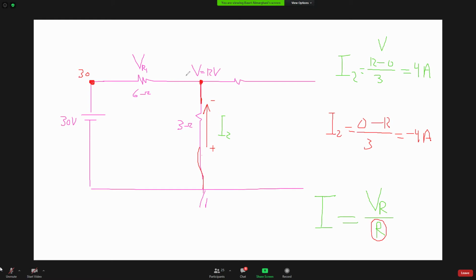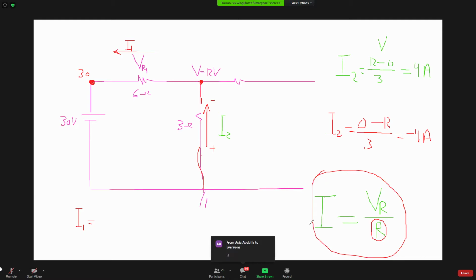Okay. So what if I want the current in this direction, I1? What is the current here, I1? Can anyone tell me? Remember this law. So polarity would be like this.